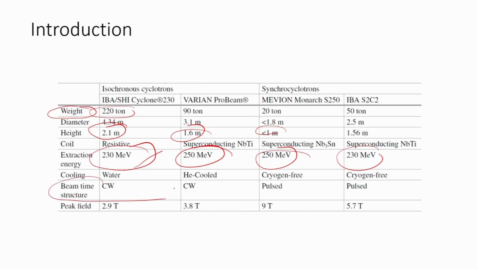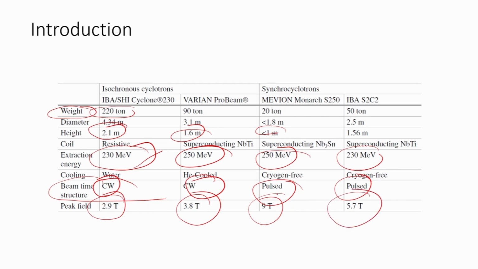For beam type structure, like pulsed and continuous in a LINAC, here it is a continuous mode, and here the synchrocyclotron has a pulse mode. The peak magnetic field is 2.9 Tesla, 3.8 Tesla, 9 Tesla and 5.7 Tesla. These are some characteristics of the existing commercial proton therapy systems produced by various manufacturers.